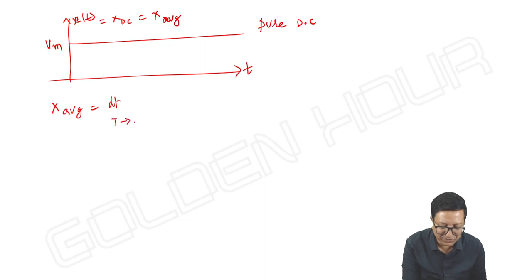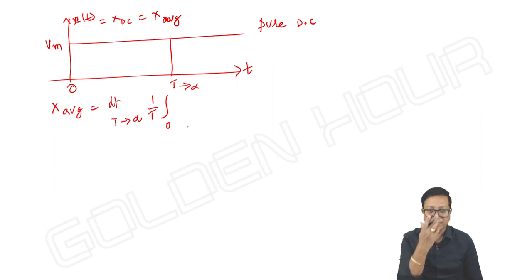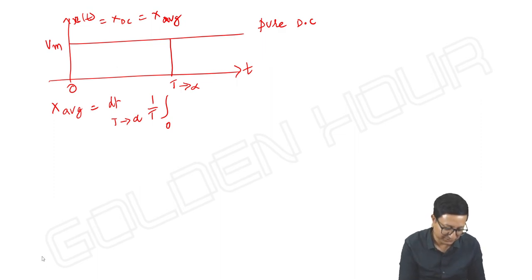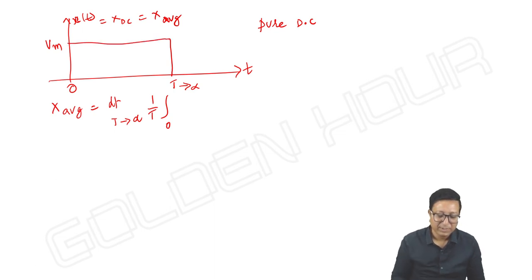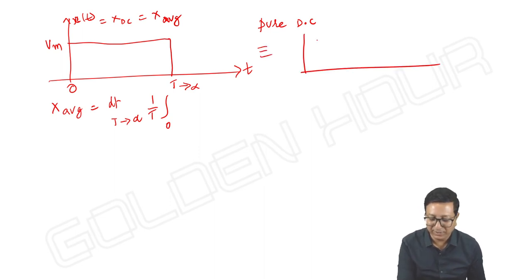Limit t tends to infinity, 1 by T integral 0 to T, its amplitude is Vm, where T is tending towards infinity. X of t is a pure DC term, DC signal.